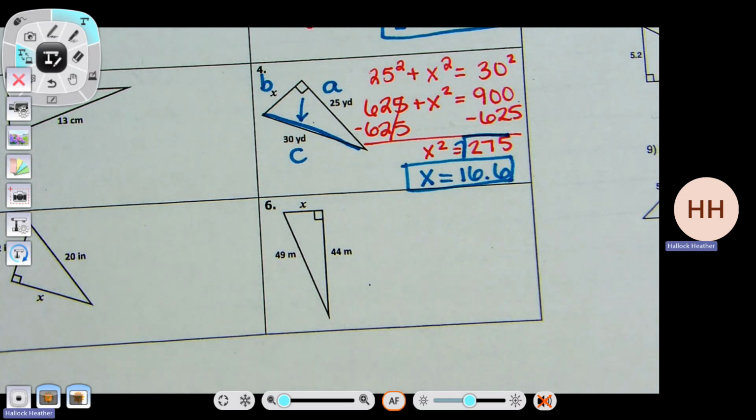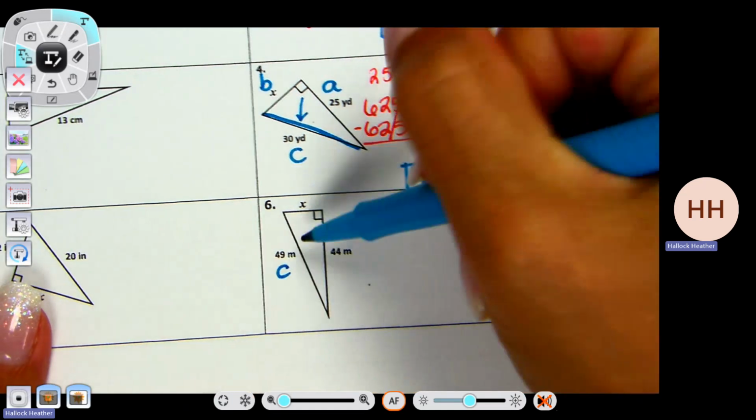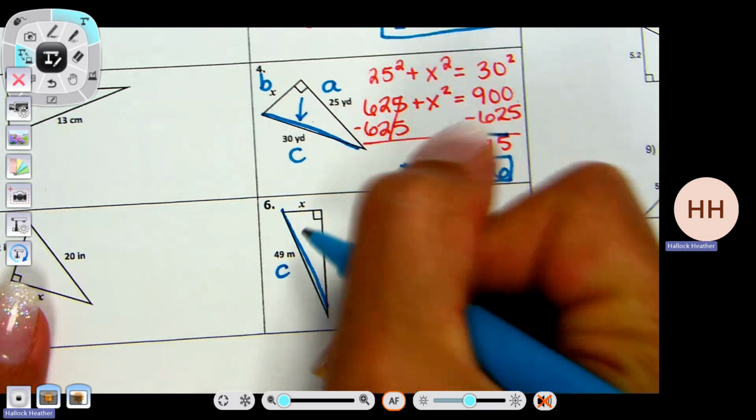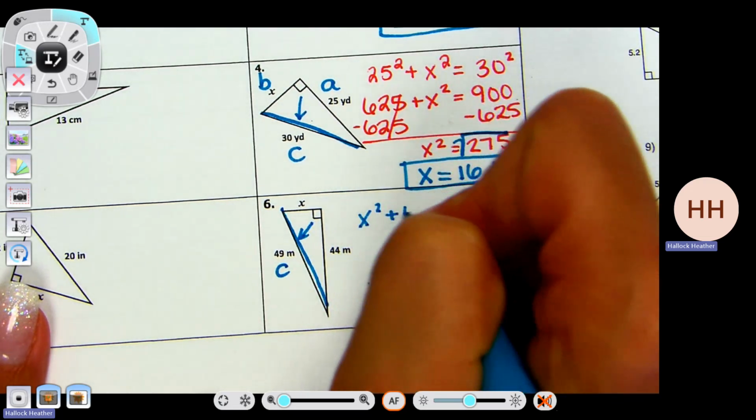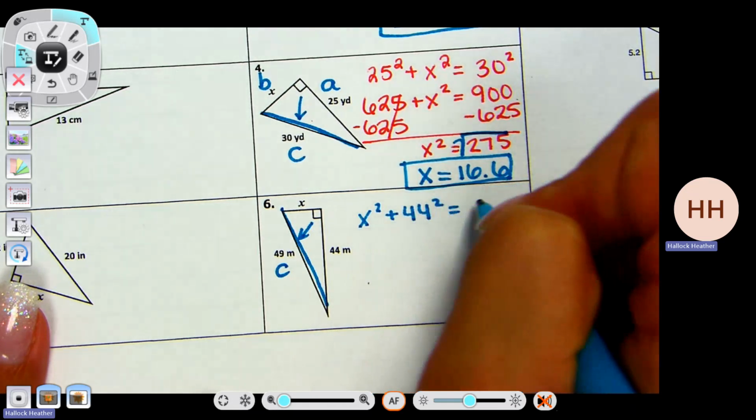Hey, Tyrone, what'd you get for your math problem? That's a possibility. 21.6 is correct. Okay, so I'll set it up, but this one is C, it's across. This is the longest side, it's the hypotenuse, which is also across from the 90-degree angle. So you could do x squared plus 44 squared equals 49 squared.